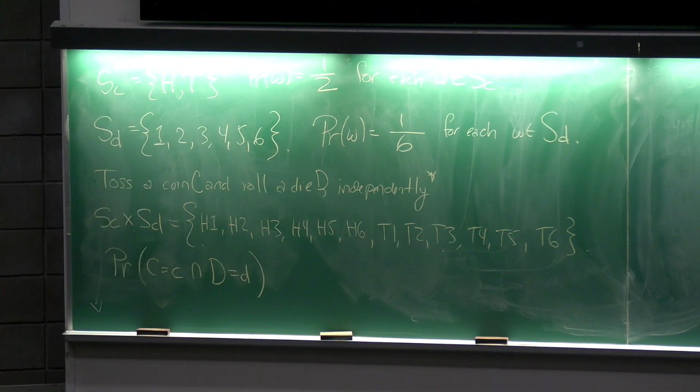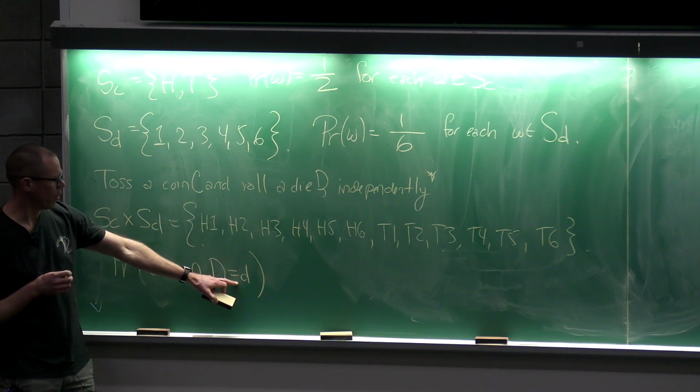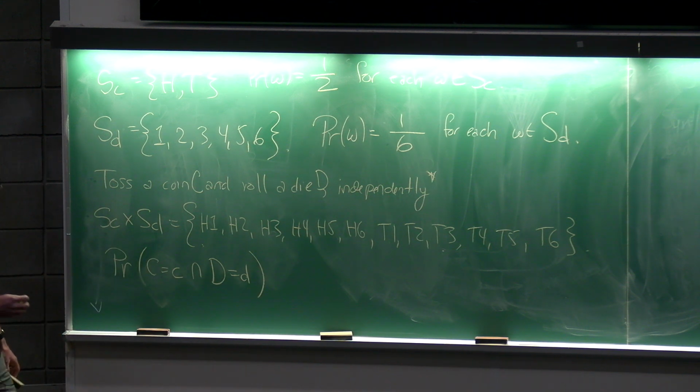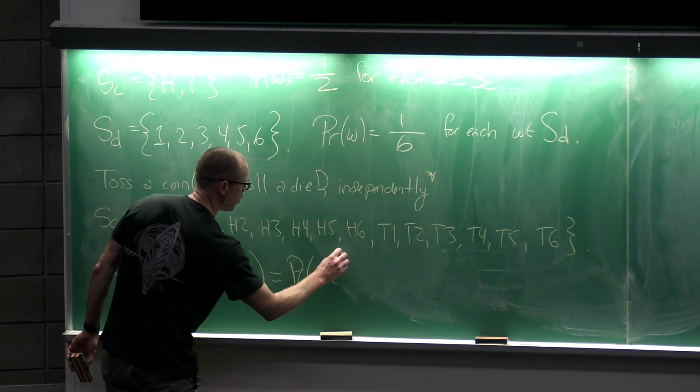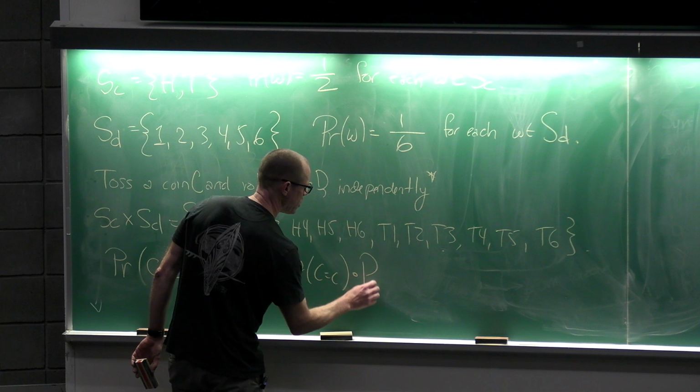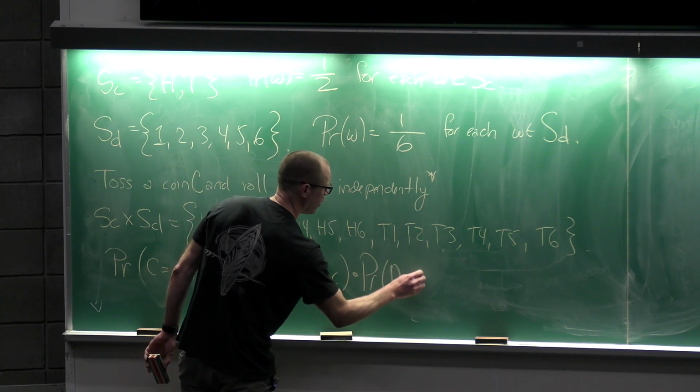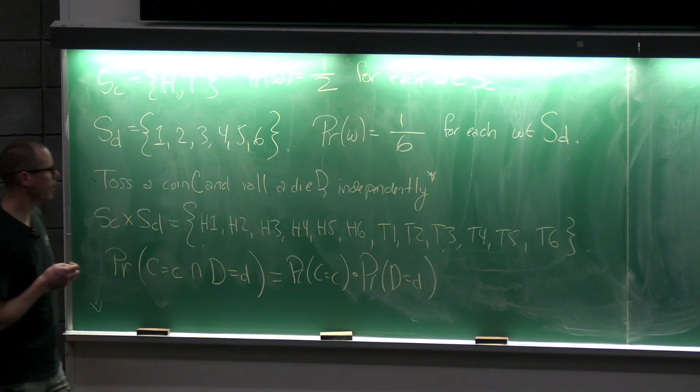So the probability that the coin comes up with one of these outcomes and the die comes up with this other outcome is just the probability that the coin comes up one way times the probability that the die comes up the other way.